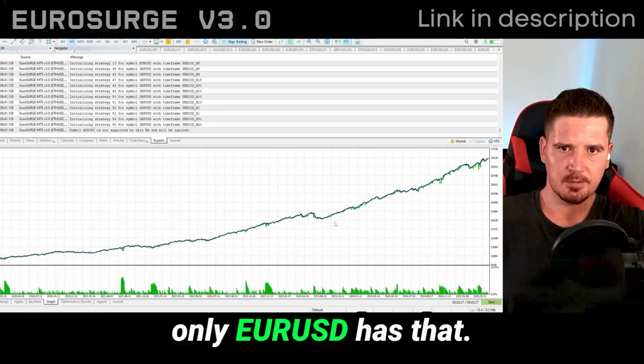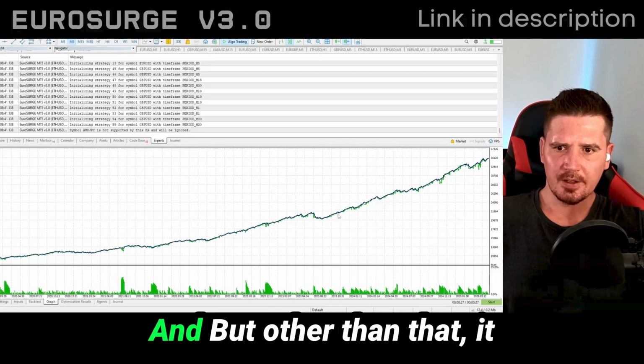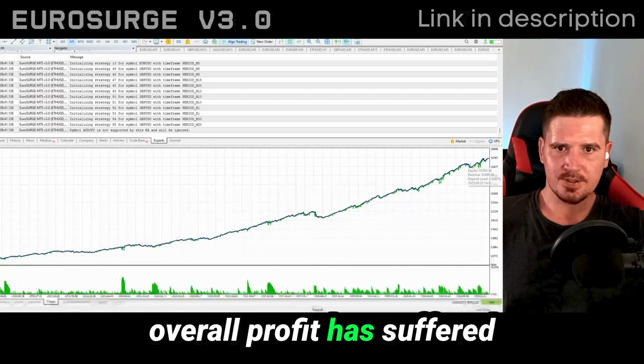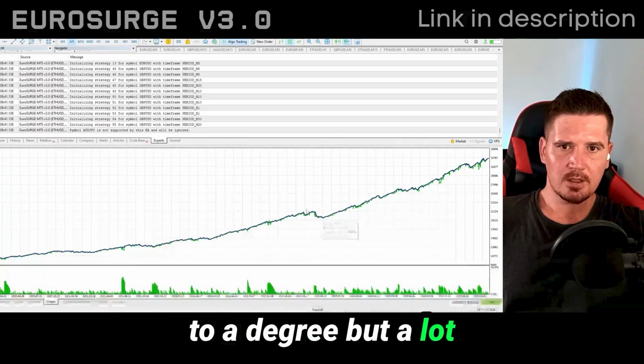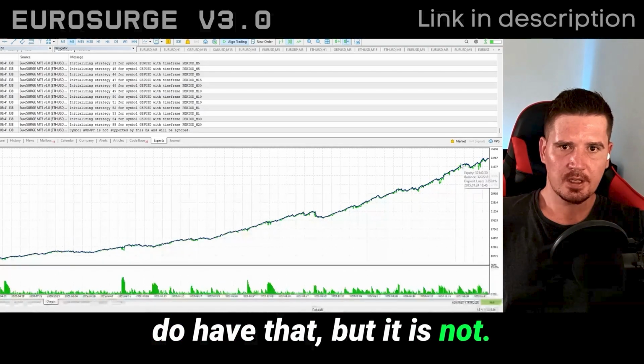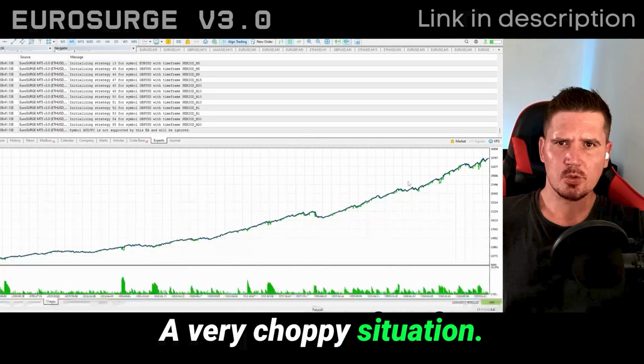Other than that, it has climbed really nicely. Our overall profit has suffered to a degree, but there are a lot fewer choppy areas.